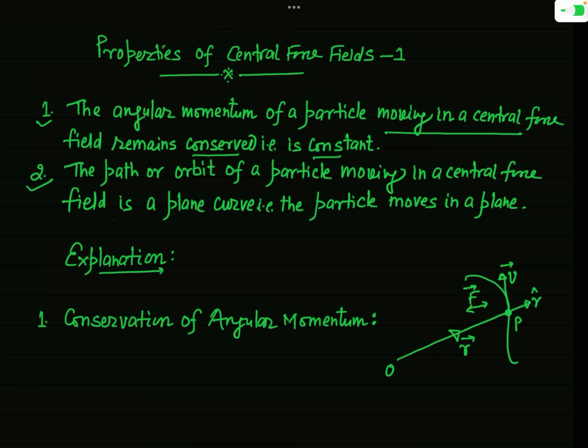So we simply say that motion under a central force field is contained in a plane. The path or orbit of a particle moving in a central force field is a plane curve. That is, the particle moves in a plane.